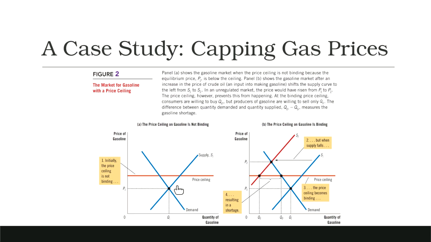So we have this price ceiling. And even though the price ceiling is non-binding, it's actually going to have an impact. Why is that? When supply falls, with the price ceiling in place, it becomes binding.